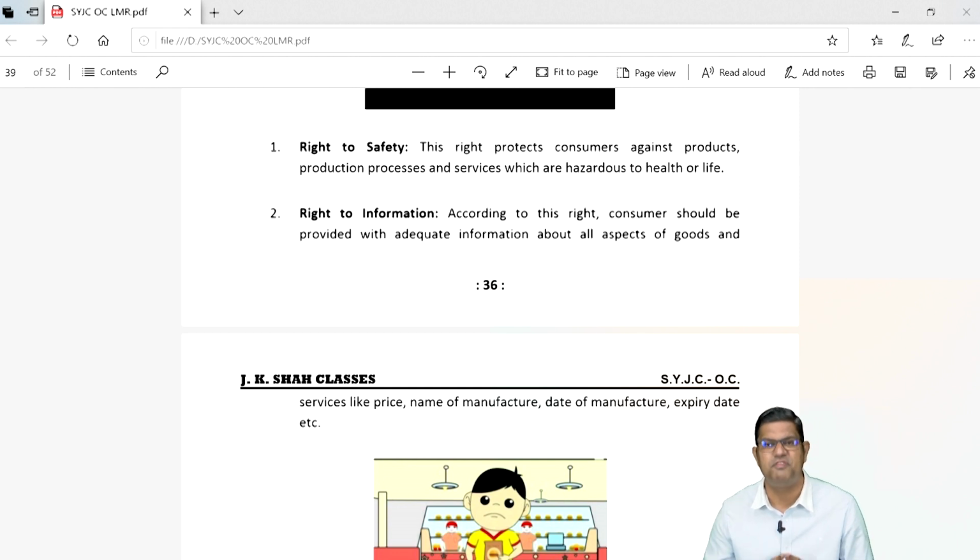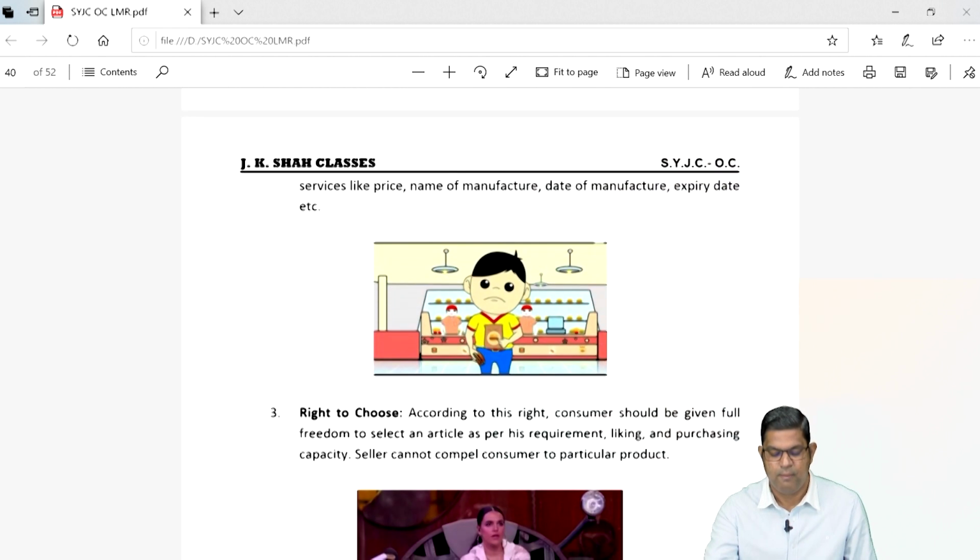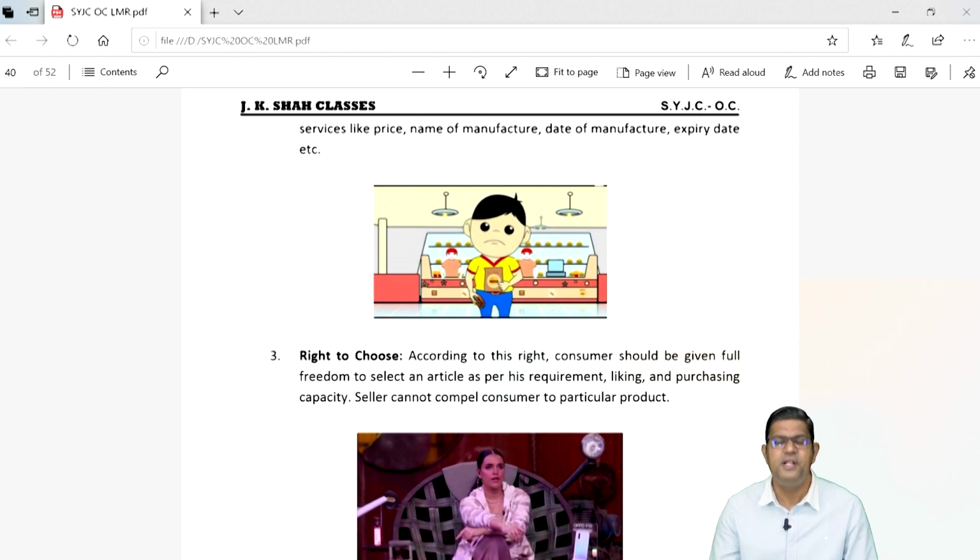All such information should be given to the consumer at the time of buying a product. So according to this right, the consumer should be provided with adequate information about all aspects of the goods. Okay, moving to the next one, called the right to choose.